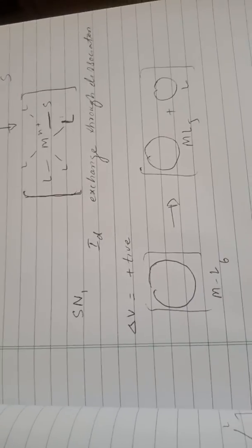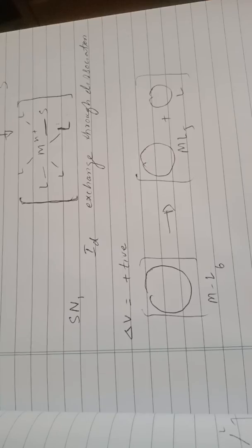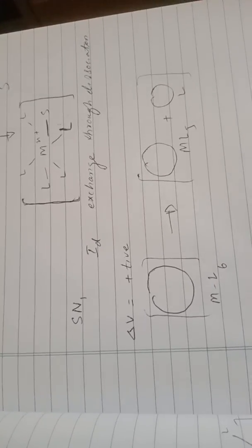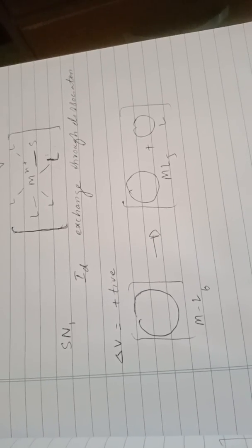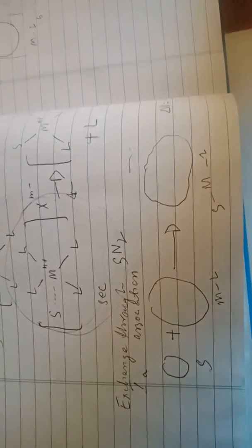In both cases, we have seen that intermediates are produced, and these intermediates are important for the determination of the SN1 type or SN2 type, or it can be said that these two intermediates are describing either the dissociative or the associative mechanism of the ligand exchange process.